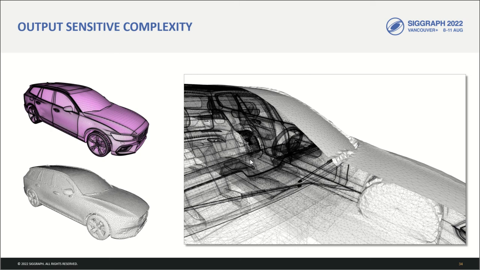So we query these complex inner structures, but we don't build a transient data structure that is not going to be used for the output. And no internal sampling is required a priori for this method. On this Volvo model, for example, we compute a wrap mesh like this that ignores all inner structures.